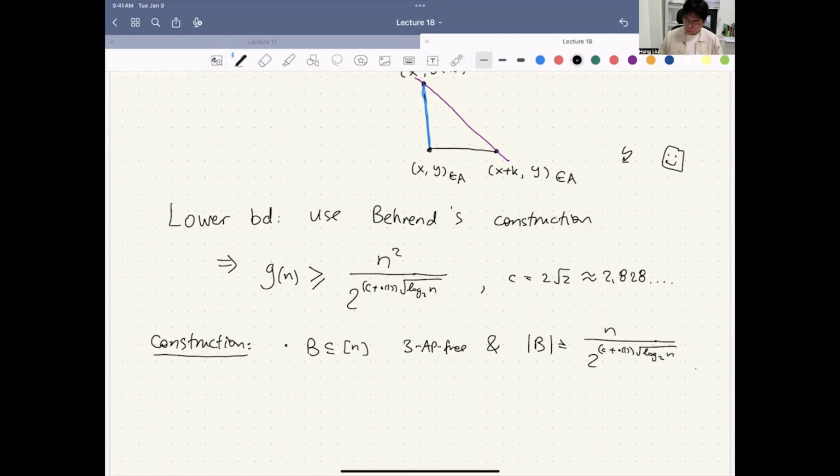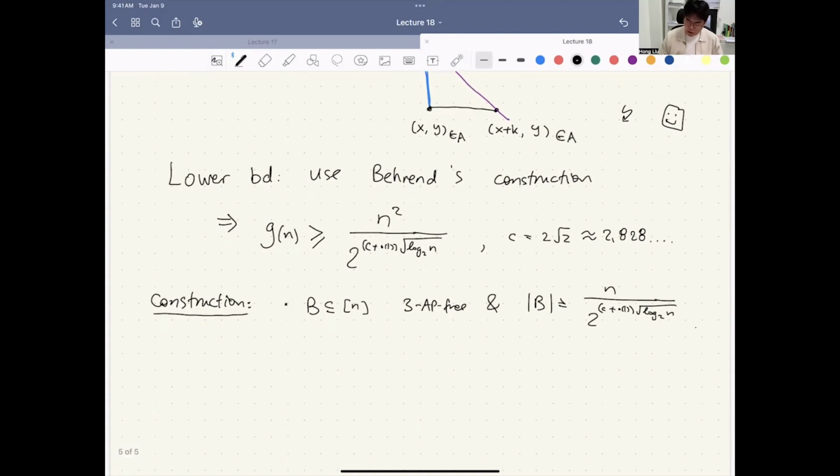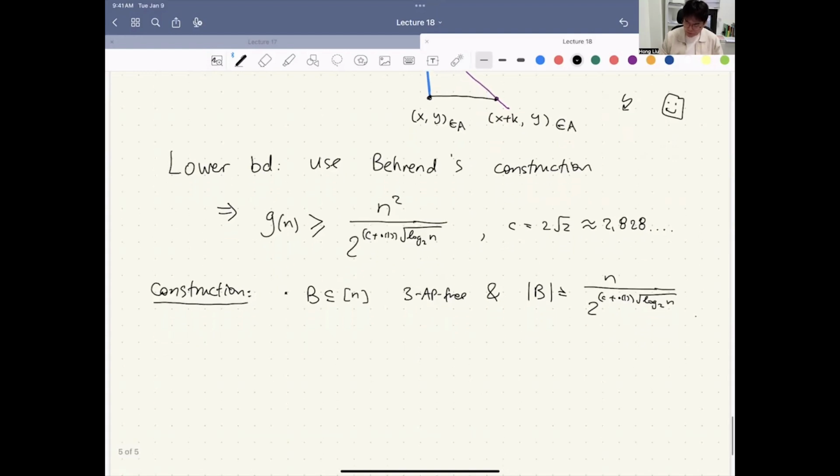Okay. Now what we do is we will get A. Let A be defined as follows.